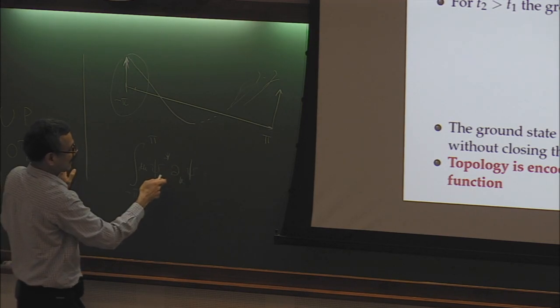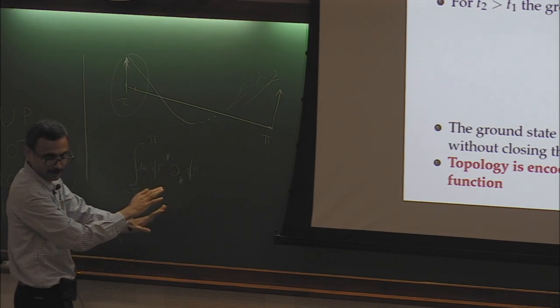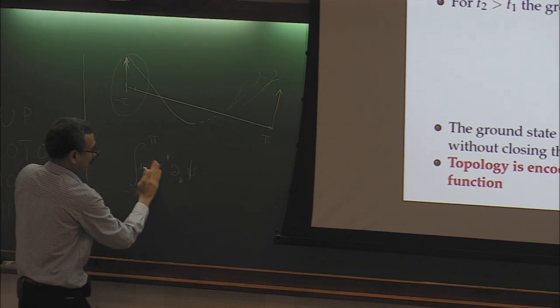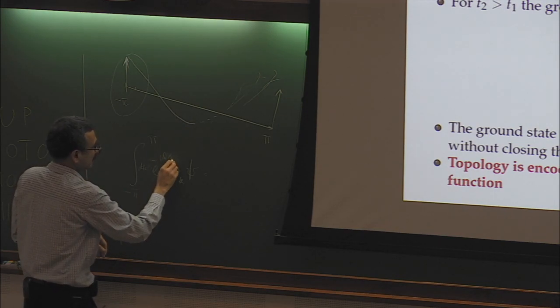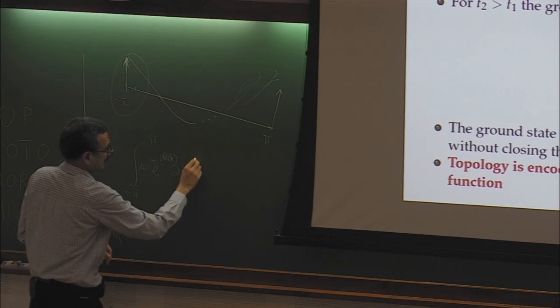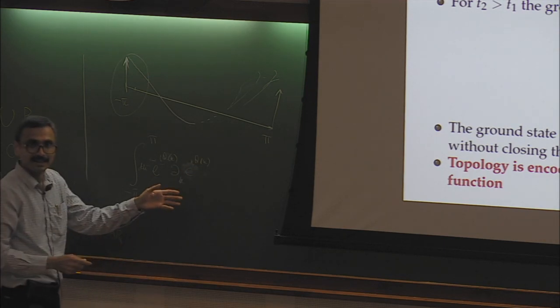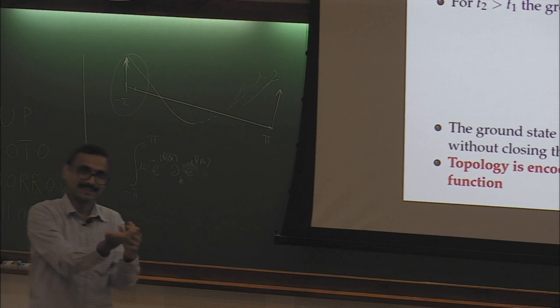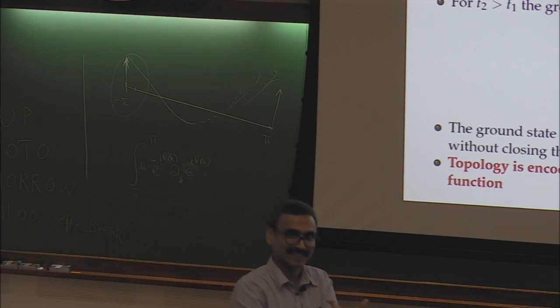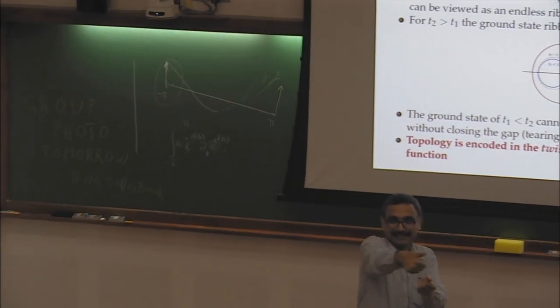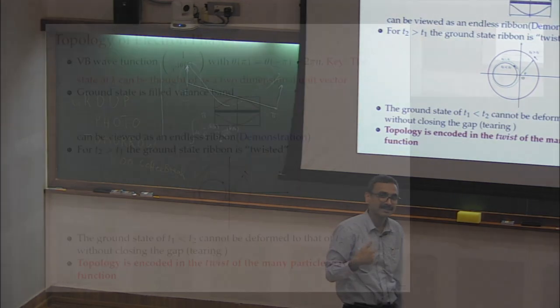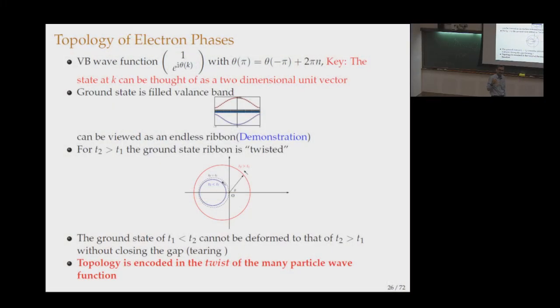I'm being slightly sloppy here. So if you do this on a two-dimensional system, that object will become like the Chern number, and you can show that it is like the Berry phase that gets picked up. You can visualize it that way.